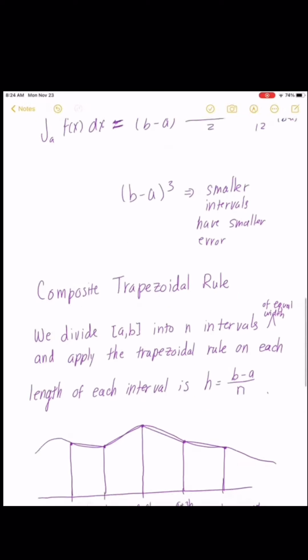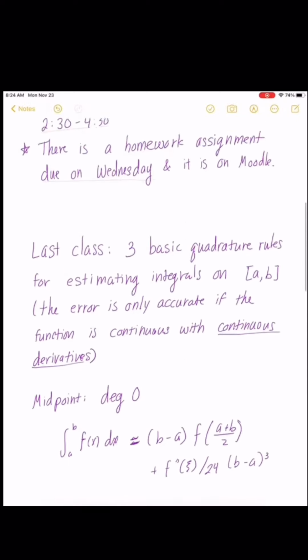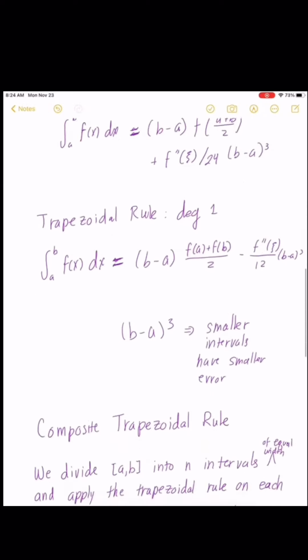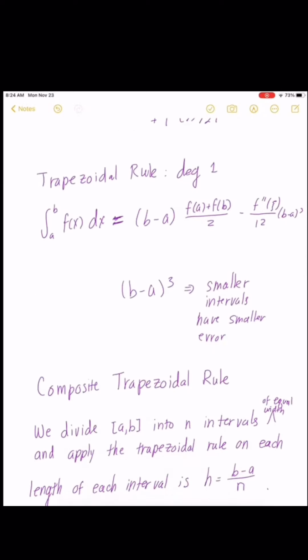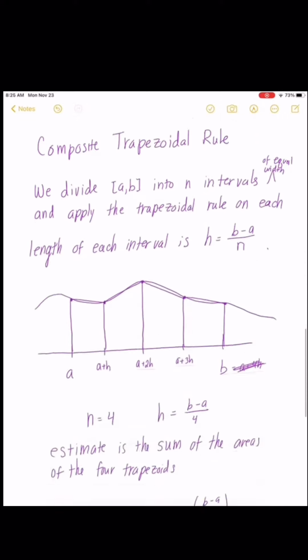If we go back to the regular trapezoidal rule, you can see that we do f of a plus f of b over 2. f of a will get used once, but then f of a plus h will get used twice because it's the endpoint of one interval and the starting point of the next. A plus 2h will be used twice because it's the endpoint of one, starting point of another. So it's really just a and b that only get used once, and everything else gets used twice.